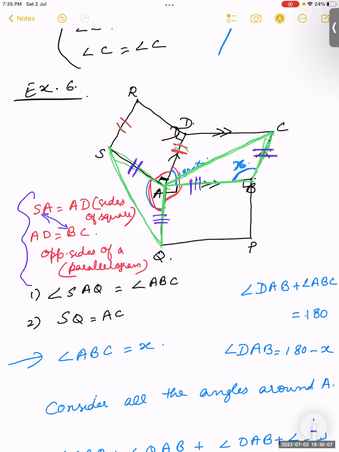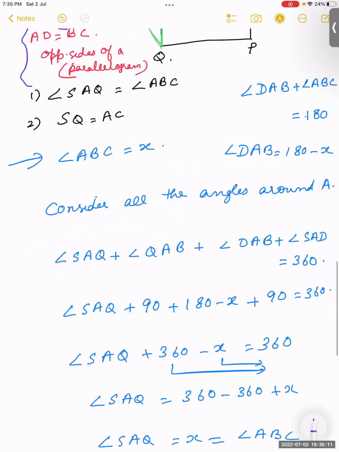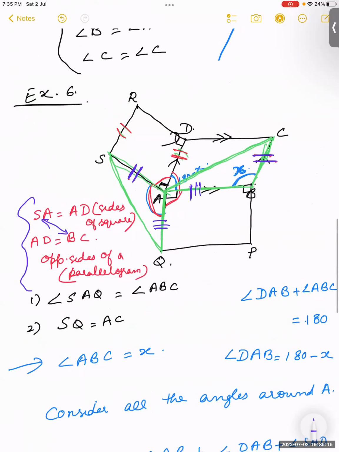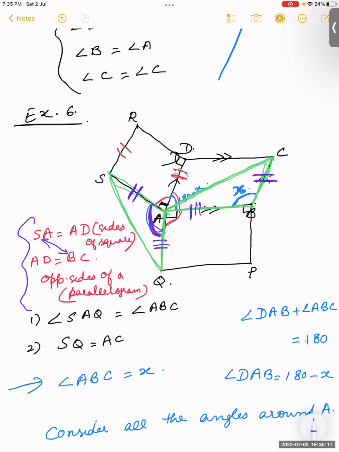Similarly, just before starting, we proved angle SAQ is equal to angle ABC. So three things did we prove or not? Did you all understand what I'm saying? Three things we were able to show the equality, right? Yes, ma'am. So SAS, side, angle, side.